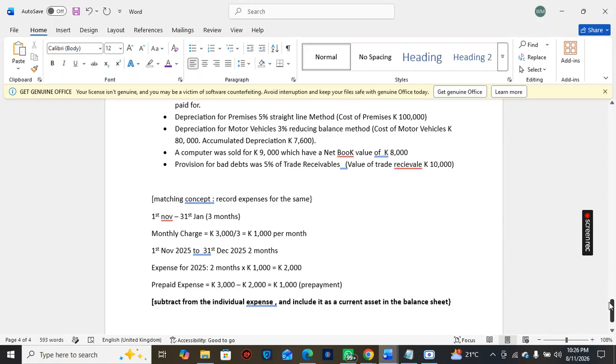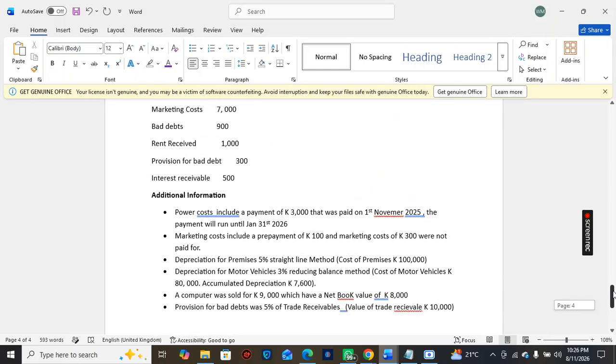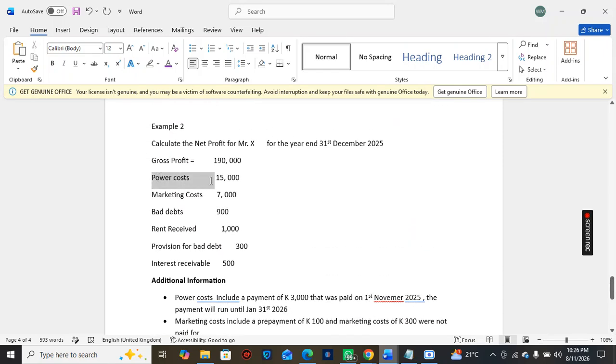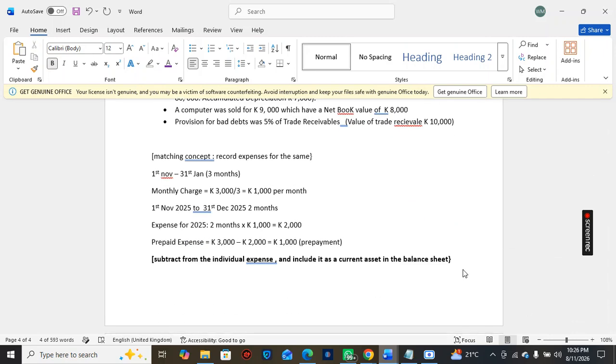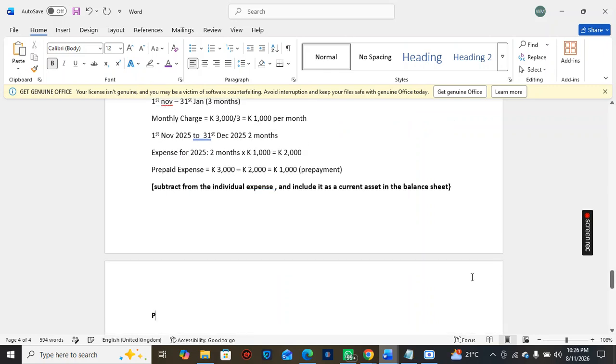So what I mean is this. Here, the power costs of 15,000, we need to remove the 1,000 prepayment. So our new power cost is 15,000 minus 1,000, because remember, we only want expenses for this year, according to the matching concept.